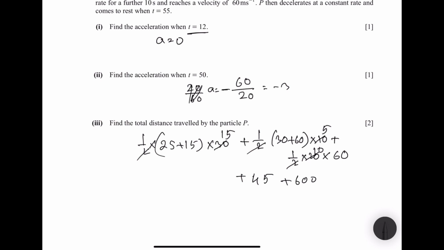Then 25 plus 15 is 40 into 15, which becomes 600. Now if I add all this, plus 600 into 2, 1650, that's the answer.